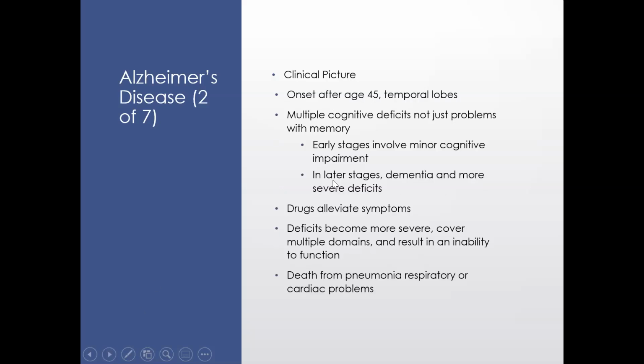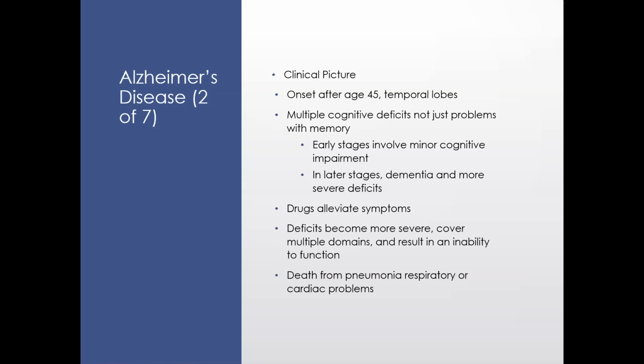Clinical picture, if we're looking at it, most of the time the onset happens at the age of 45 or older, but even 45 is pretty young for somebody to start losing their memories, their cognition, all of those really important types of skills. In the early stages, it might involve just minor cognitive impairments, but at later stages, the dementia is more severe, there are more severe deficits.